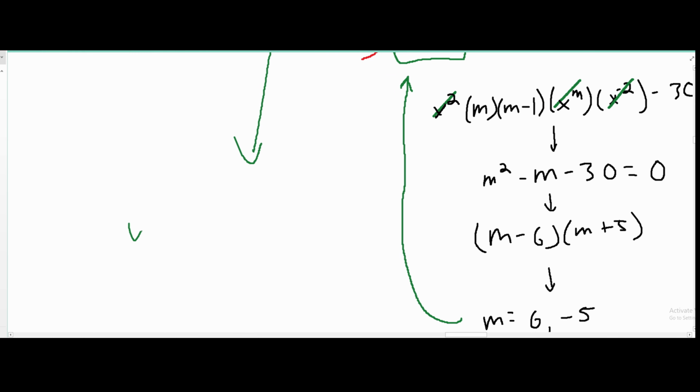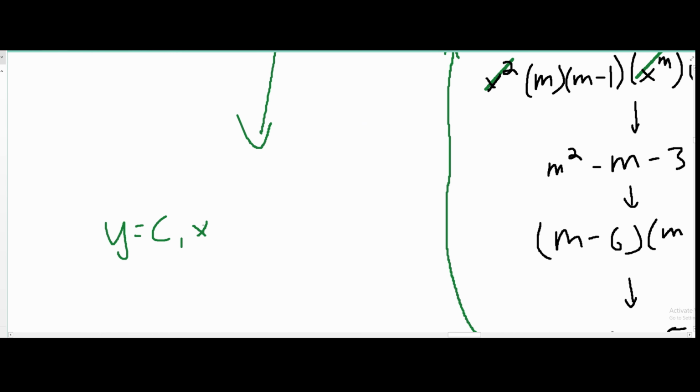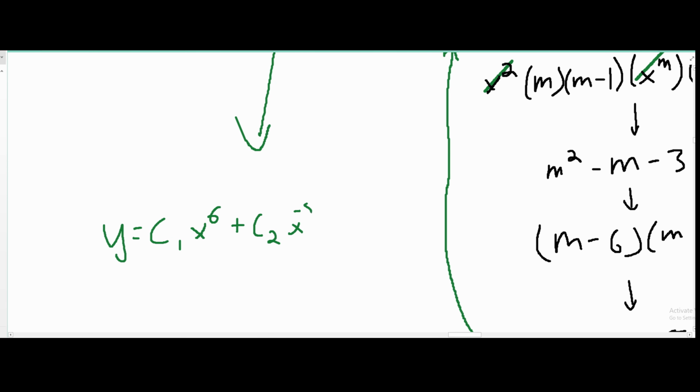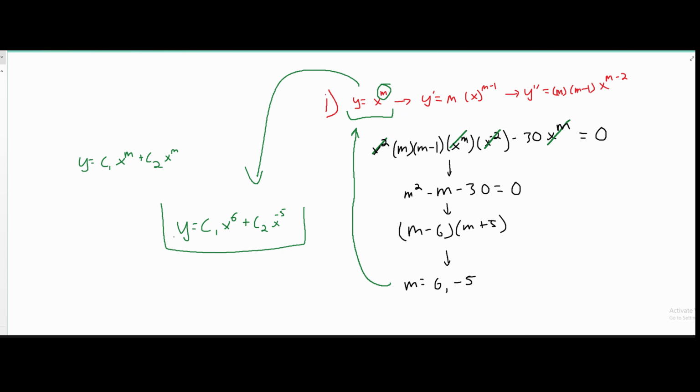Since this is the general solution, we're going to find y is equal to c1 x to the 6 plus c2 x to the negative 5. And the equation that we're plugging it into is just y is equal to c1 x to the m1 plus c2 x to the m2. That's what we're going to use. That is our answer for part A.